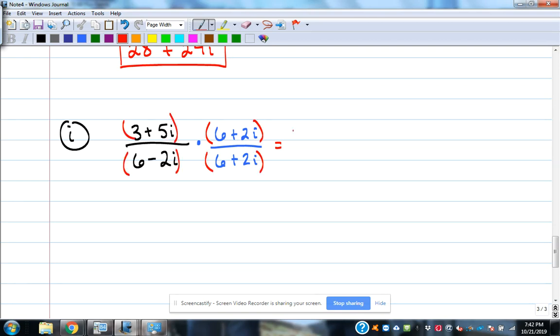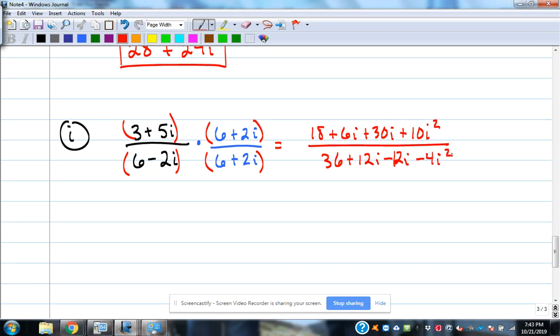On the top, it'd be 18 plus 6i plus 30i plus 10i squared. On the bottom, you got 36 plus 12i minus 12i minus 4i squared. So I'm just doing the distributive property to multiply that across. Then I'm going to simplify.